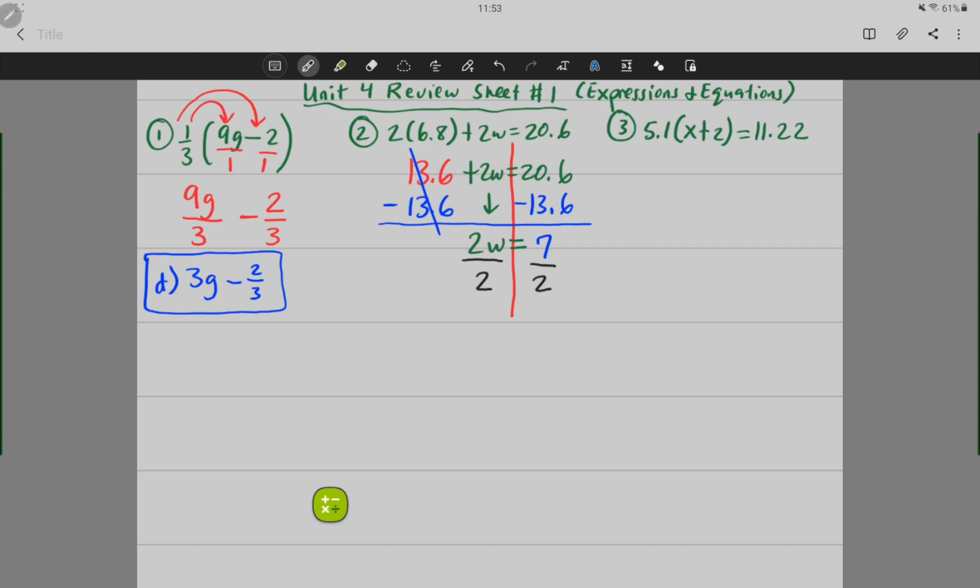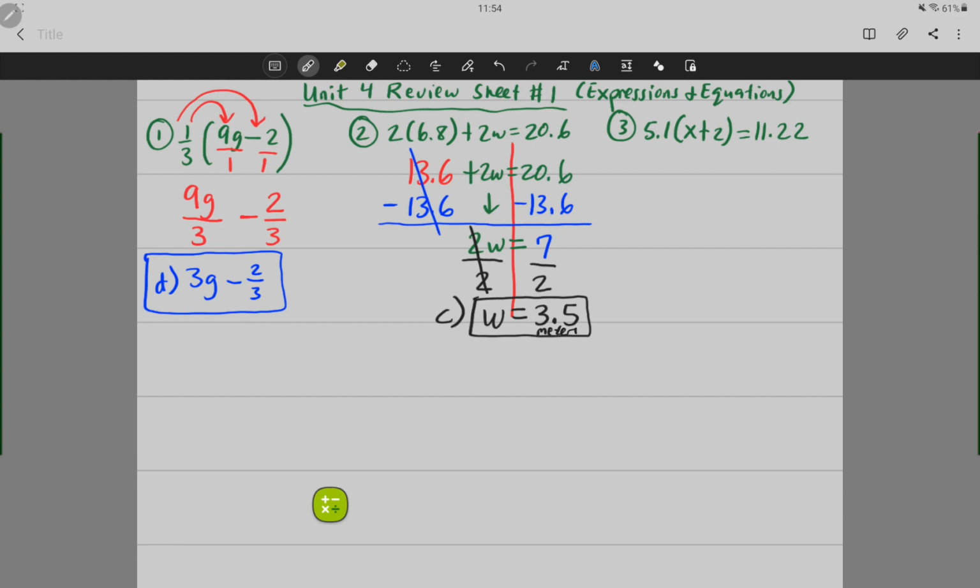So 2 divided by itself is 1. Just cancel it out. Bring down w equals 7 divided by 2 is 3.5 if you choose to write as a decimal. So the answer is C, 3.5 meters.